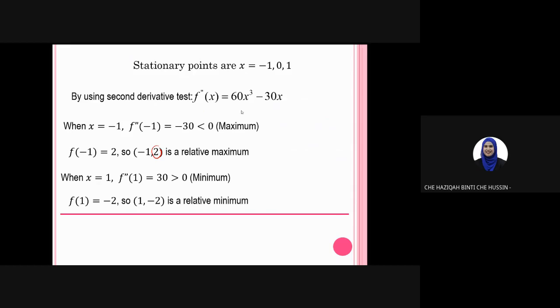And then when x equal to 1, f double prime 1 equal to 30. If it is a positive value, greater than 0, it will be minimum. So f(1) equal to negative 2. So 1 and negative 2 is relative minimum.